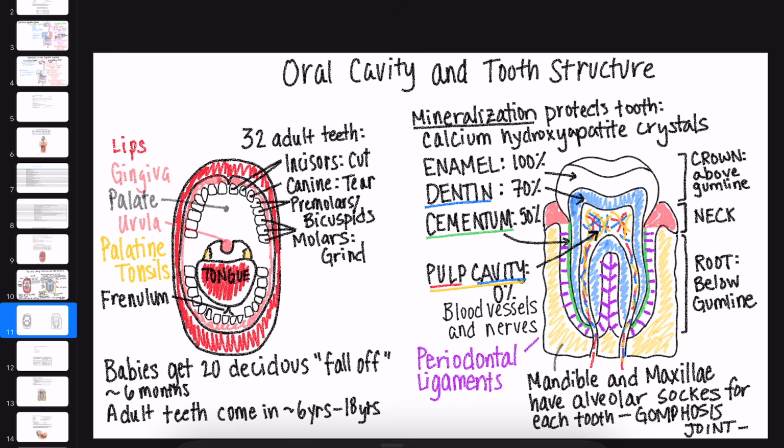So these are the periodontal ligaments. They anchor the teeth. So maybe you've heard of scurvy when someone doesn't have enough vitamin C, because vitamin C is necessary for the production of collagen. And the sailors, if they got scurvy, their teeth would become loose in the sockets.